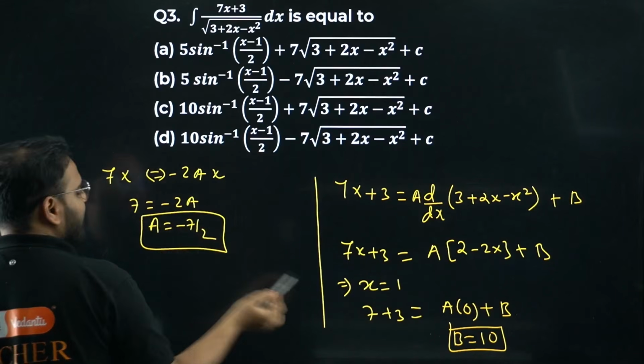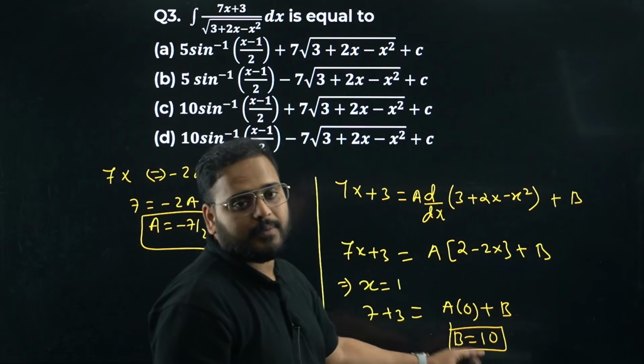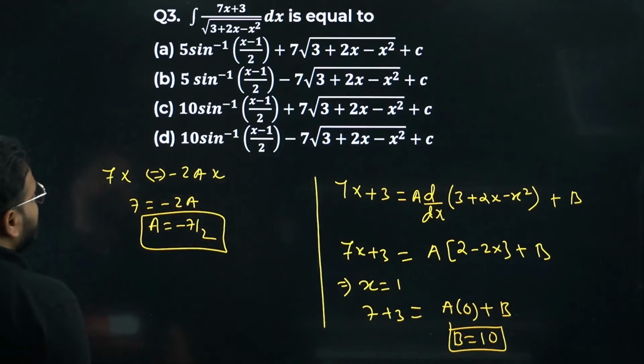Now a I know, and b as well. So a and b are both known, so I can transform this whole thing.